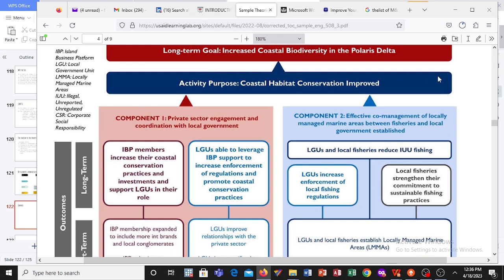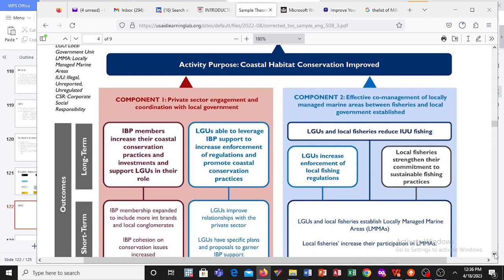Being a big program, it is divided into components. According to the project or program you're handling, some are component based and they are big. If it's a program, it can have like 3 different components, that is 3 different projects. Since this is a program, it has 2 different components.